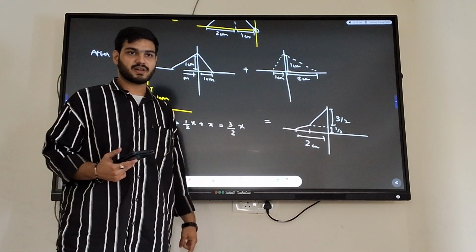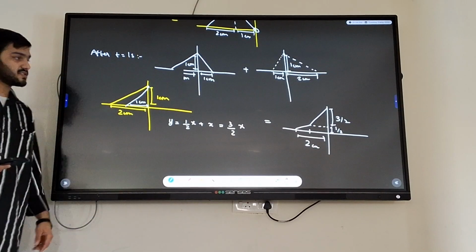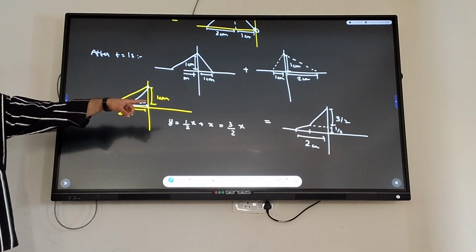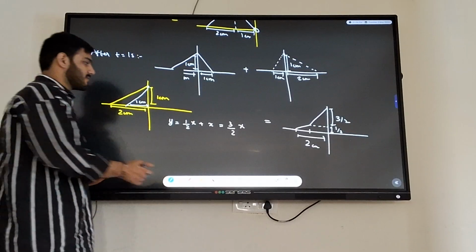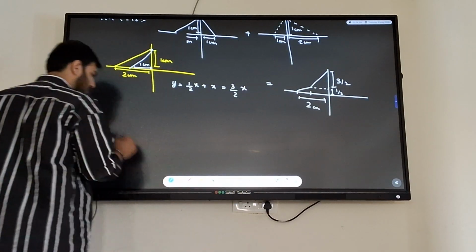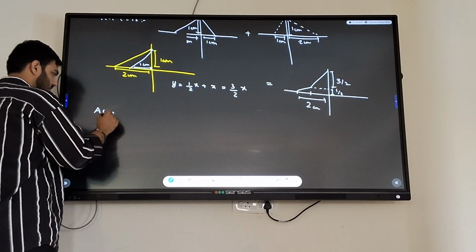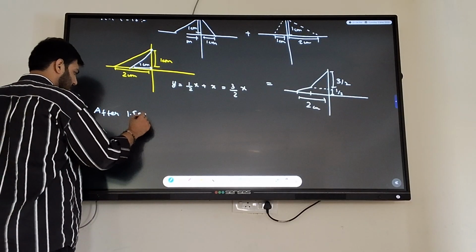How will the wave look after 1 second? It is not completely reflected now. Now the structure has also become somewhat different. Let's try to see at 1.5 seconds. Completely outside. Tell me, how should it look after 1.5 seconds?